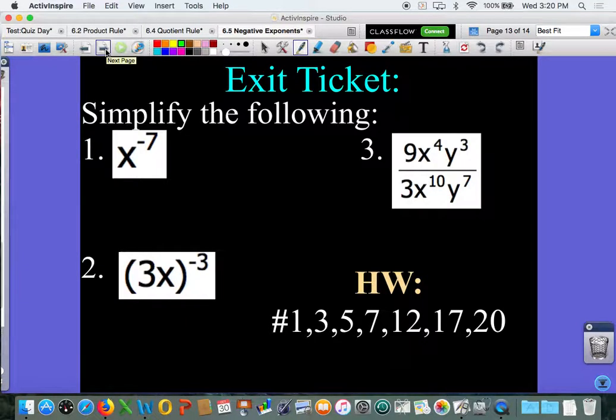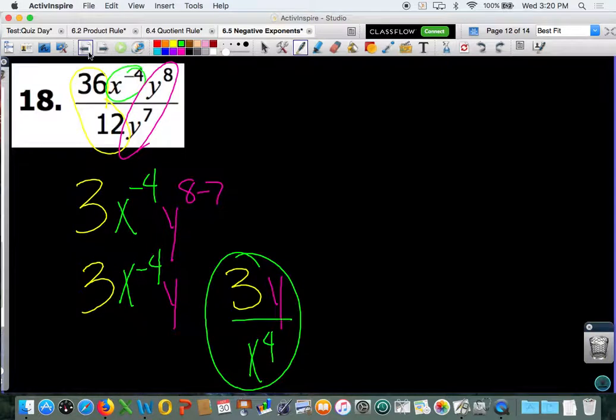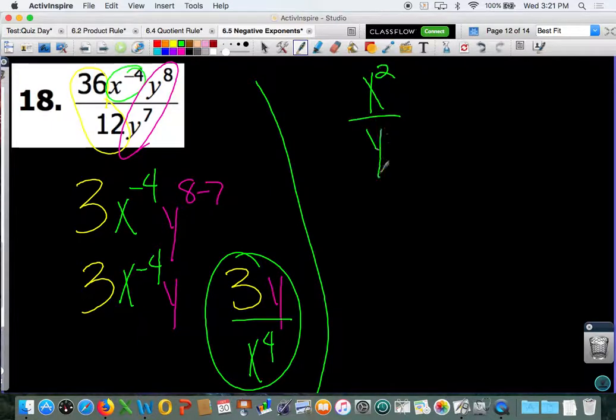All right, so that's perfectly fine. I did want to go ahead and say, please remember, we have been flipping things over the fraction bar. I just want to include an extra example real quick. If we had, for example, let's say x squared over y to the negative 3rd, please bear in mind that if something's in the bottom and it's negative, it has to come to the top.